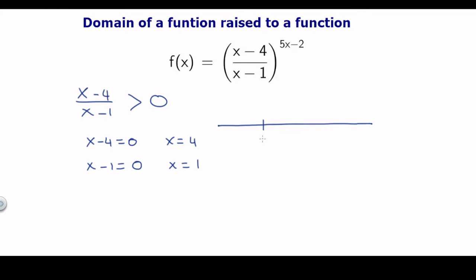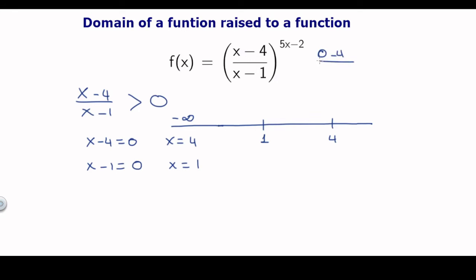We want these points because the behavior of the function may undergo significant changes. Now we have 3 regions on the number line, and we're going to evaluate the sign of the function on each of those sections. Let's pick a number between negative infinity and 1, for instance, 0.